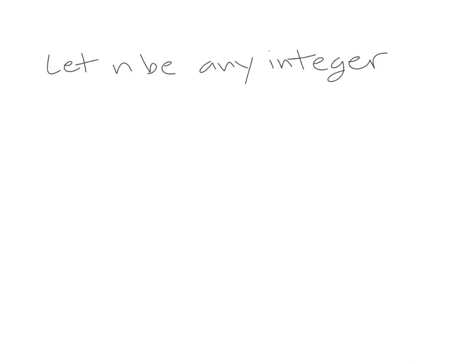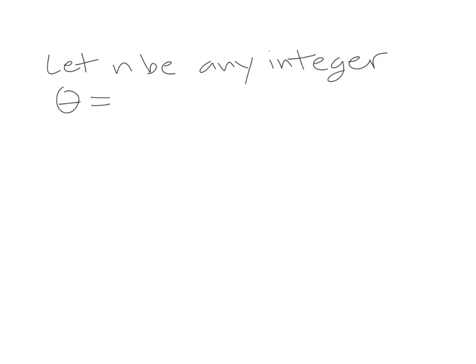So here's how we do it. We're going to let n be any integer, and we're going to consider 2 pi times n. So when we say 2 pi n, we mean really any even multiple of pi, or 2 pi times any whole number n.